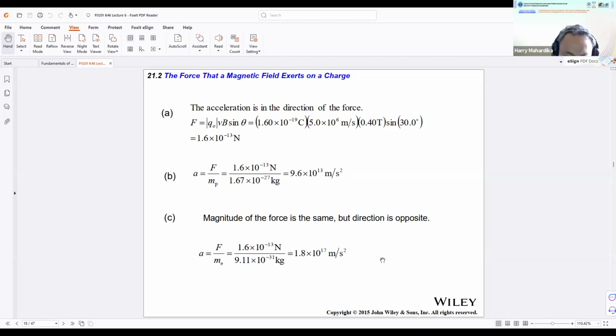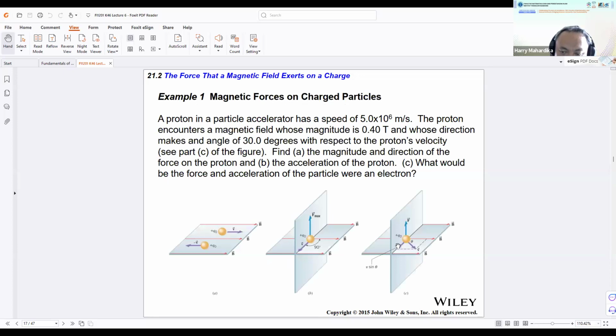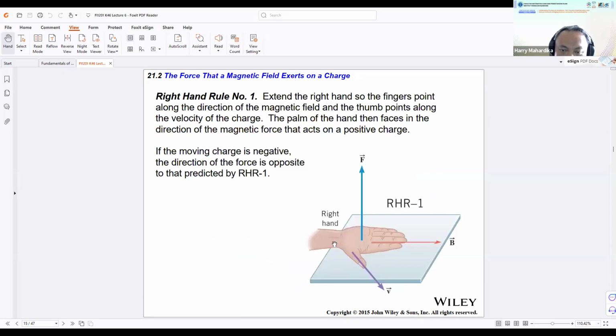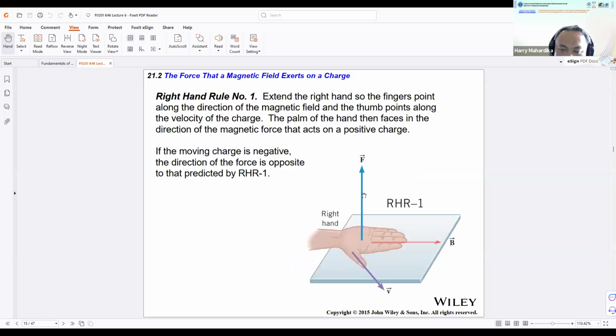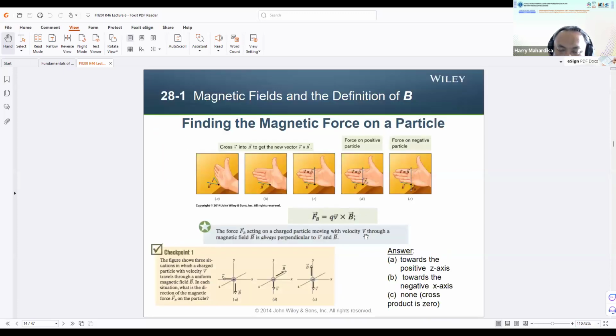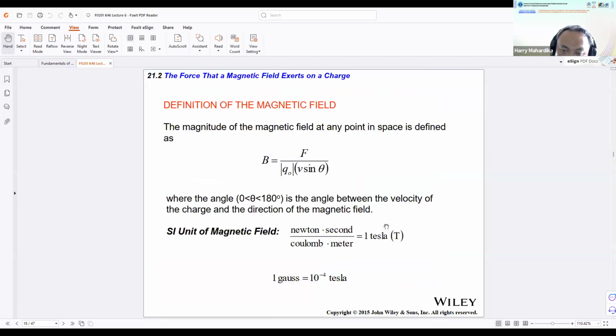Okay, so how do we illustrate this using the right-hand rule and the formula that is given here? This is the Lorentz law formula in vector form, whereas here is the Lorentz law formula in scalar form.